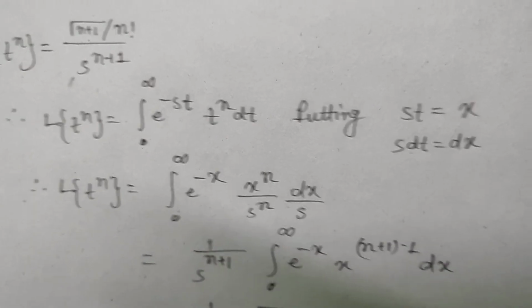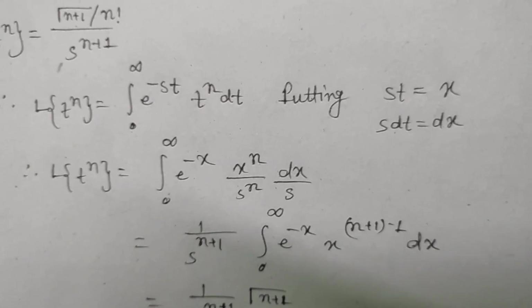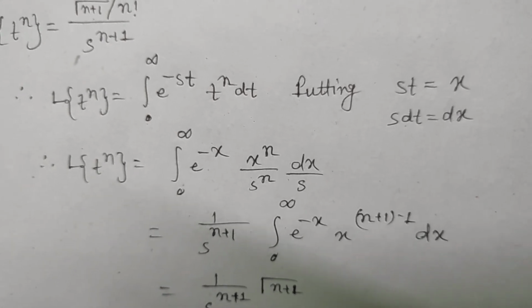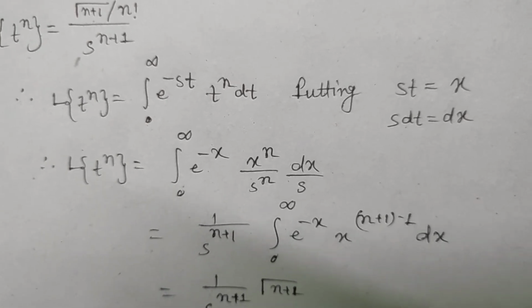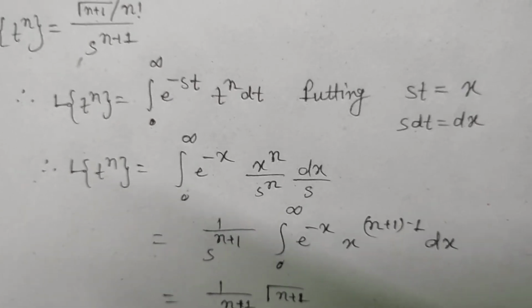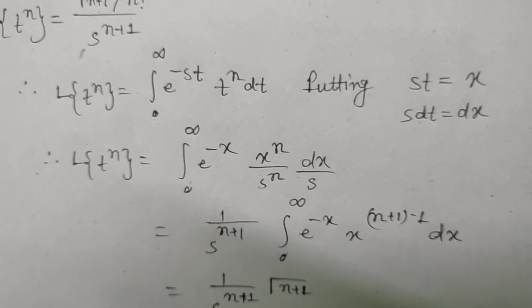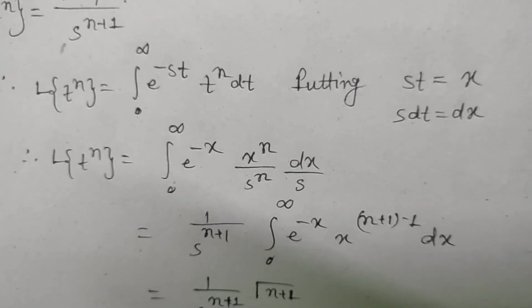Now if you put st equal to x, then s dt is equal to dx, because this is a simple derivative. Putting the values in terms of x, we get the integration from 0 to infinity of e to the power minus x times x to the power n upon s to the power n, into dx upon s.